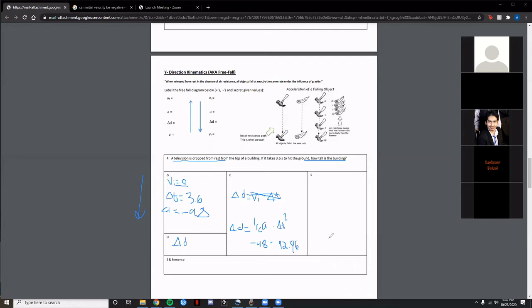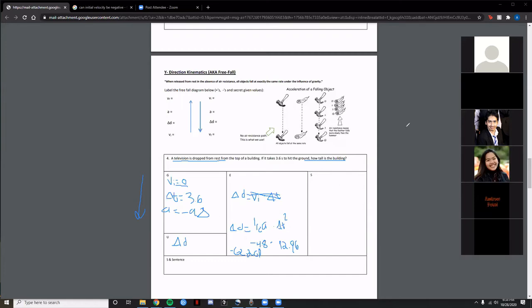So you're going to take negative 4.8 and multiply it by 12.96. Your answer should be around negative 62.208.